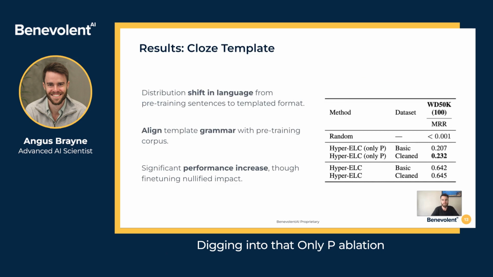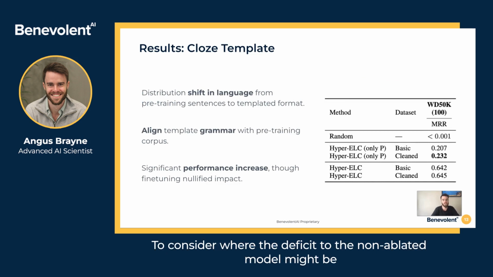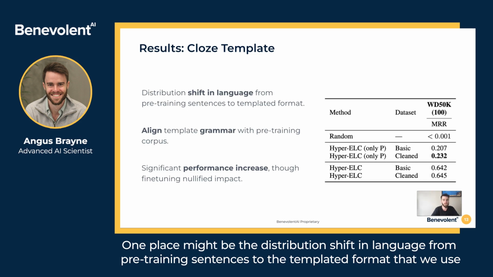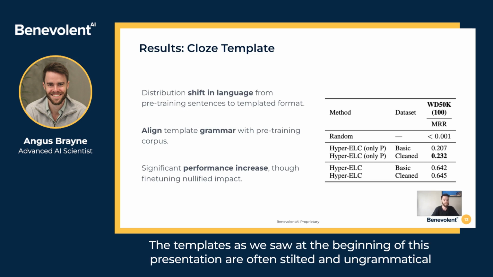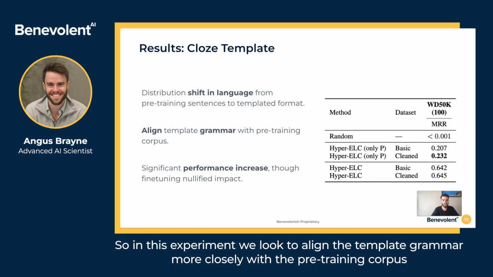Digging into that only P ablation to consider where the deficit to the non-ablated model might be. One place might be the distribution shift in language from pre-training sentences to the templated format that we use. The templates, as we saw at the beginning of this presentation, are often stilted and ungrammatical. So in this experiment, we look to align the template grammar more closely with the pre-training corpus.